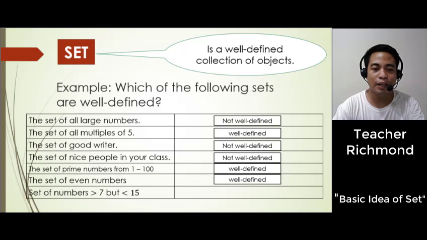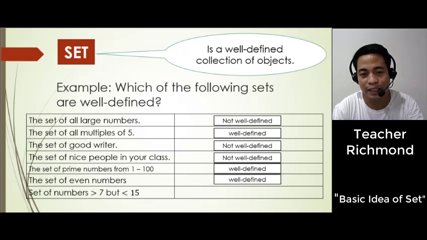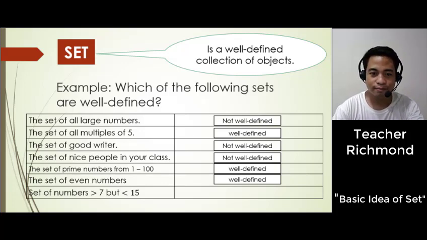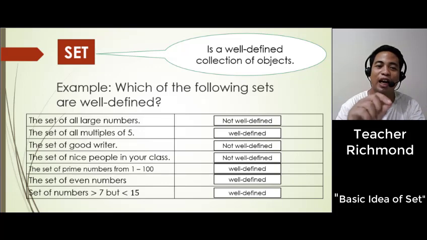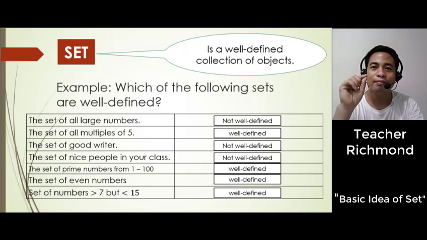The set of numbers greater than 7 but less than 15. Is it well-defined or not well-defined? Yes, well-defined, because you can definitely point out all the numbers greater than 7 and less than 15.